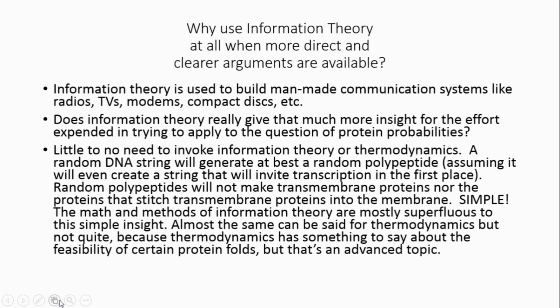Almost the same, and I emphasize almost the same, can be said for thermodynamics, but not quite, because thermodynamics has something to say about the feasibility of certain folds. But that's an advanced topic. I mean, that's so advanced that for elementary discussions of probability, we probably don't need to go there.